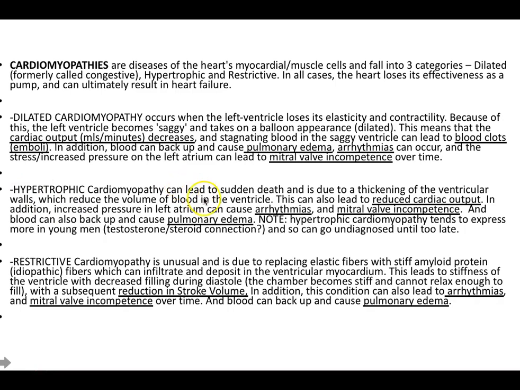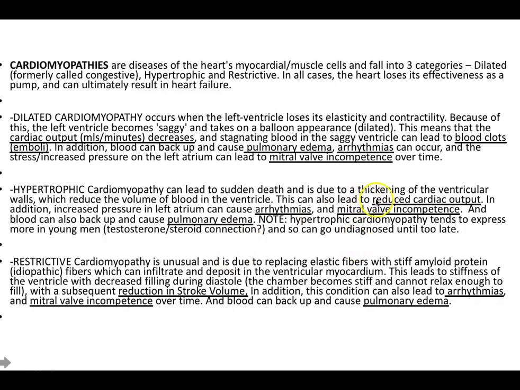And that means that the cardiac muscle cells start to undergo hypertrophy. They get larger. Where are they going to go when they expand and get bulky? They're going to go into the empty spaces. So that means that the ventricular space is going to be transformed into a very small volume as the cardiac cells bulk up into that ventricle.